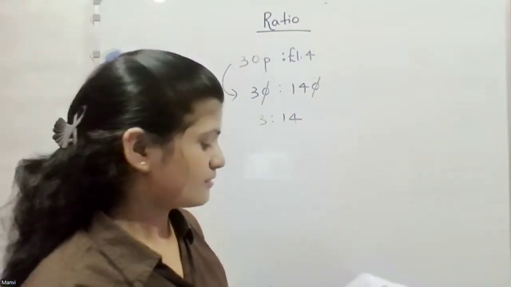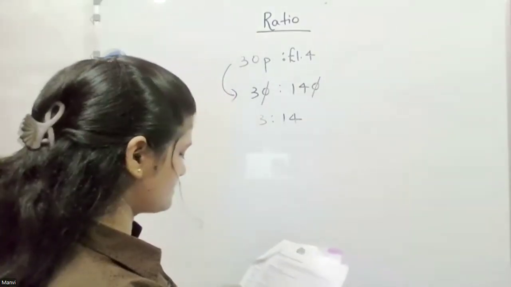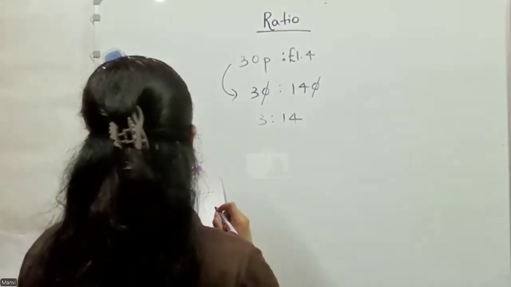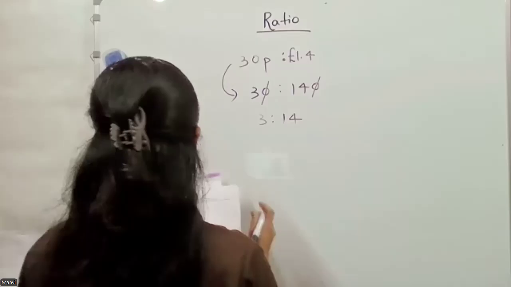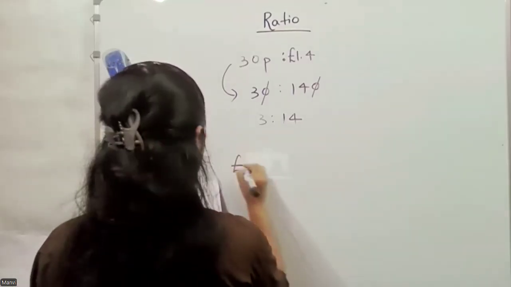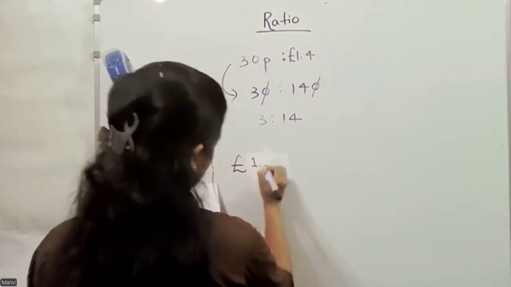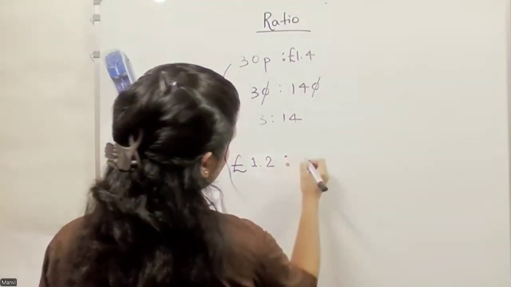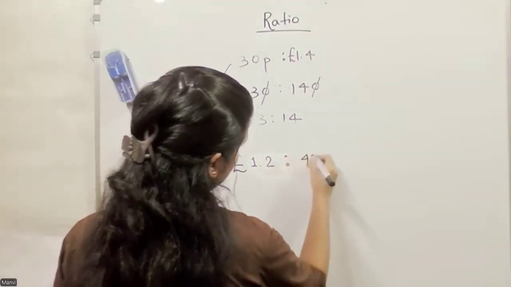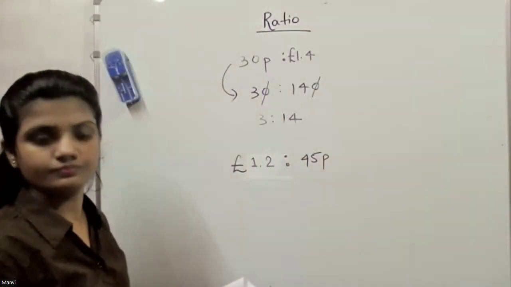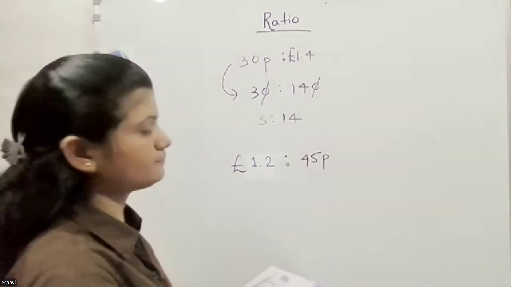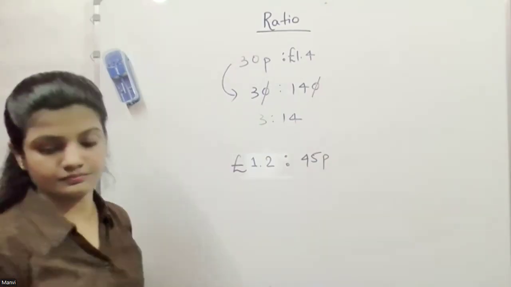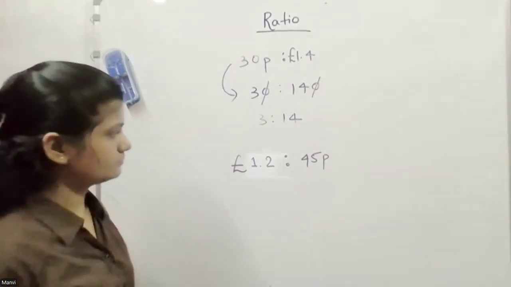Now, could you please write this in the correct form? It's 120 ratio 45.